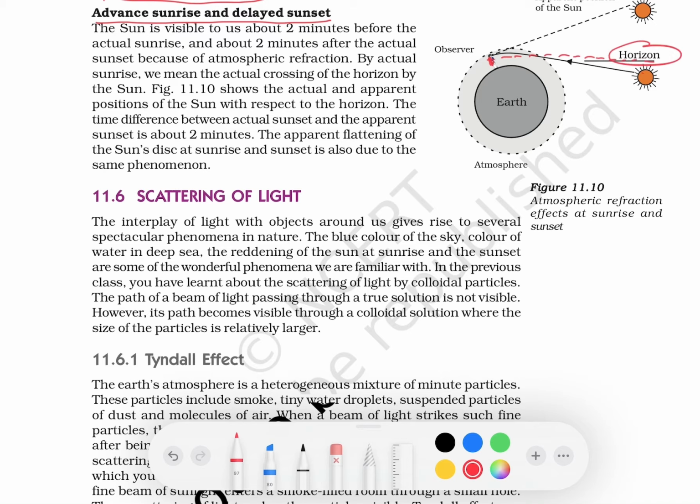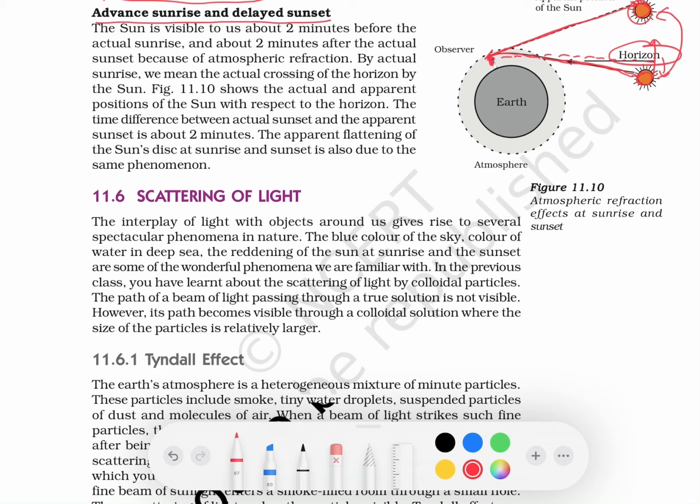If the sun is below your horizon, the light ray which comes from the sun, due to atmospheric refraction, will bend and fall into your eye. So, ultimately, for your eyes, a straight path will be formed whose apparent image will be formed up. So, the sun will be visible to you before it actually rises.